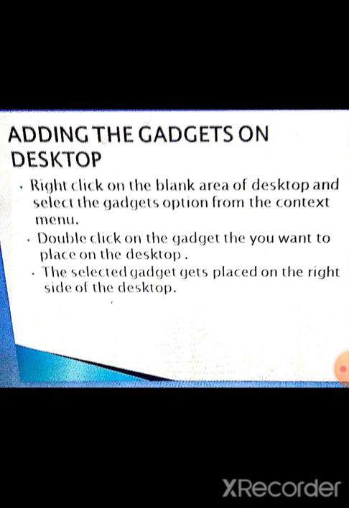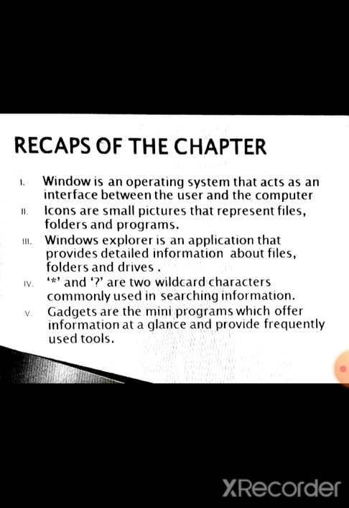Here we complete our chapter. Let's recap the chapter. First point, Windows is an operating system that acts as an interface between the user and the computer. Second, icons are small pictures that represent files, folders and programs. Third, Windows Explorer is an application that provides detailed information about files, folders and drives.